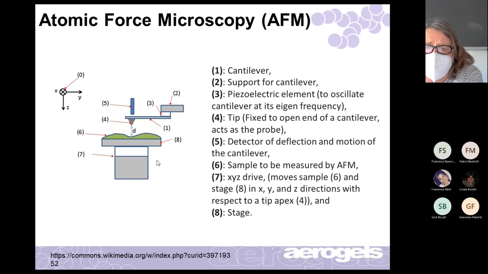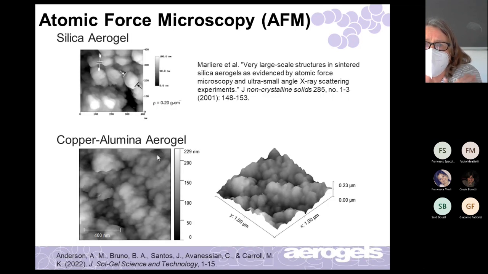But we were successful. There are two images here. The top one is a silica aerogel. This is not ours, this is from the literature, and this is the sort of thing you get. The bottom is ours, our copper alumina. These are the sort of images you get from AFM. For the silica, we're looking at something like 400 nanometers by 400 nanometers. The color tells you the height, so this is at 0 and this is at 100 nanometers.